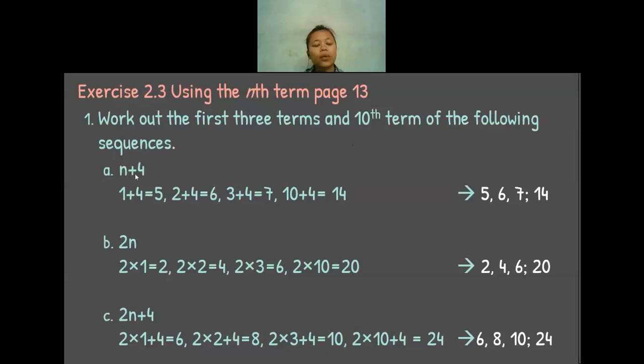So in here, we already have the n term, so the letter n we will replace with whatever terms we are going to find. Question 1 is asking us to find the first 3 terms. So it means we have to find the first, the second, and also the third. That's why the letter n I will replace.